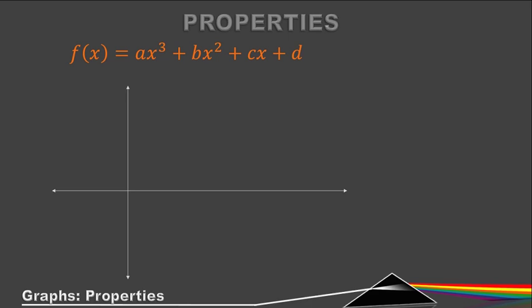A cubic function has the basic form as follows, and the variables a, b, c, and d all represent numbers. You can also see a cubic function has the highest power of 3. Now the first property that we're looking at is if the value of a is positive, then your graph ends positive.